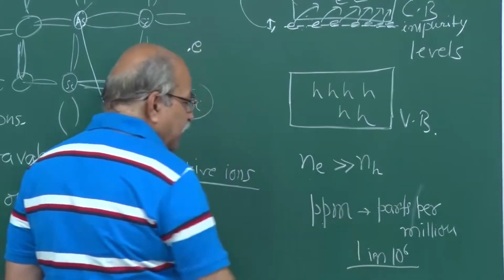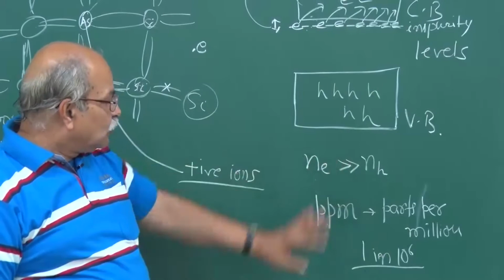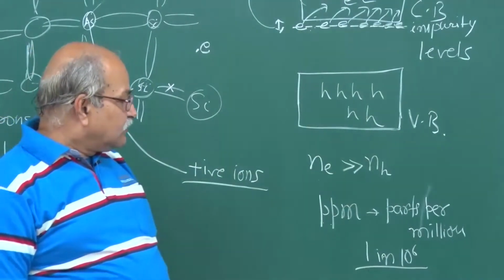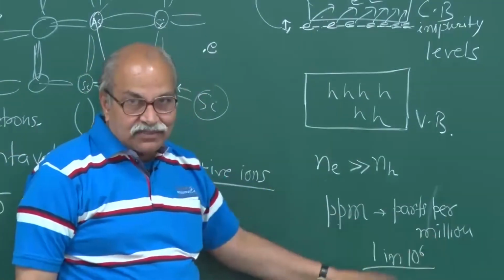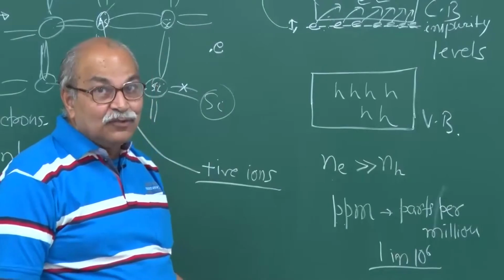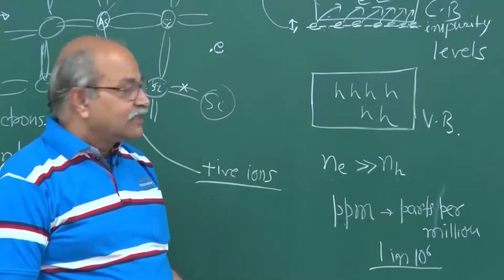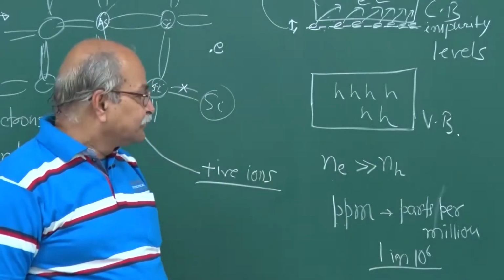So that is called ppm, parts per million. So this type of doping, if you do, then you will have some 1 part in 10 to the power 6. So that's the fraction. You are putting new electrons there, new conduction electrons there. So this Ne will be much larger than this NH.